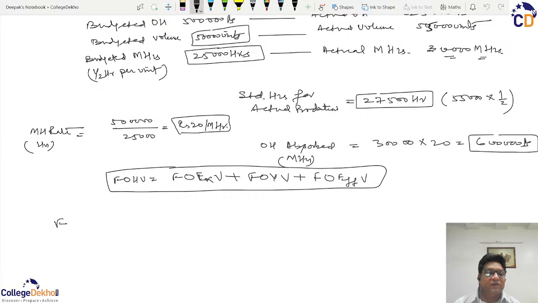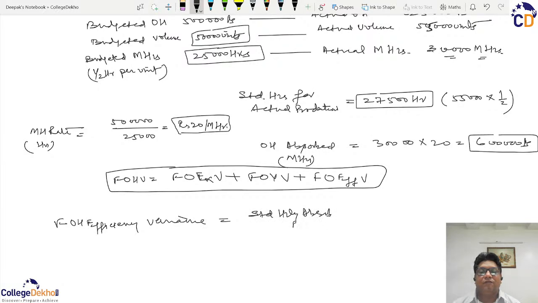So this factory overhead efficiency variance will be equal to the standard hourly absorption rate, which in this case was 20, multiplied by the difference of the standard hours for actual production minus actual hours consumed.